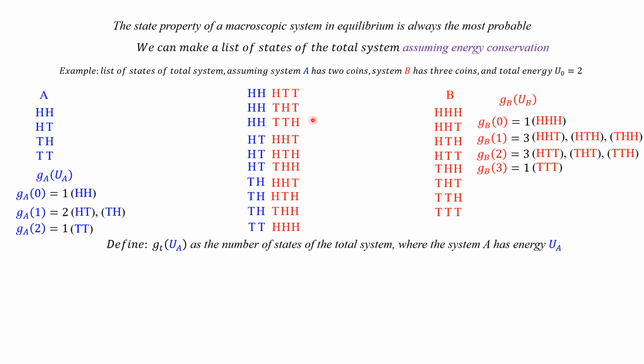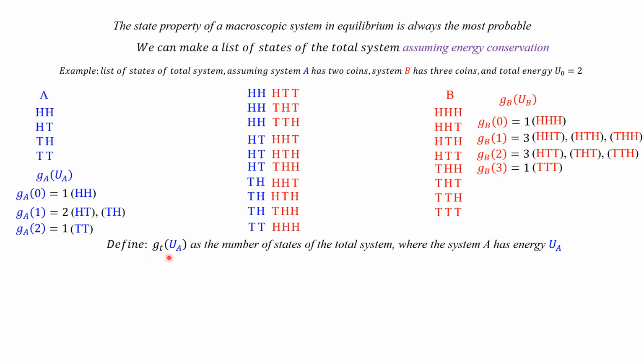All states of the total system have the same energy, so it does not make sense to define the multiplicity as a function of the energy of the total system. So instead of doing that, we define the multiplicity of the total system as a function of either the energy of system A or the energy of system B. I chose the energy of system A, but it does not matter.